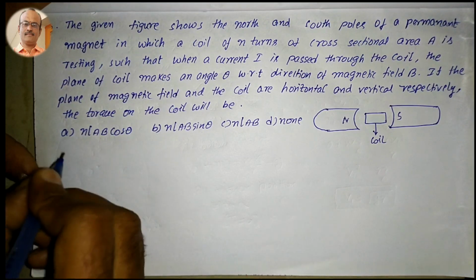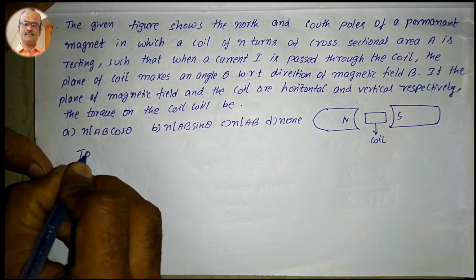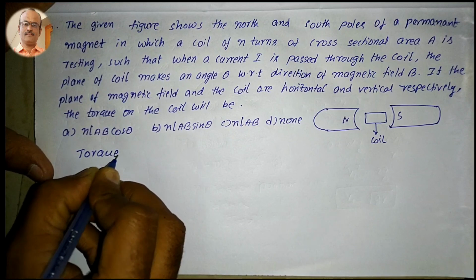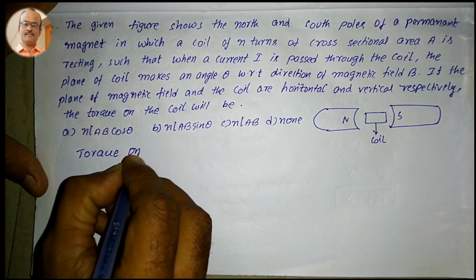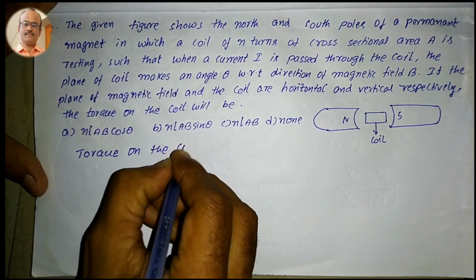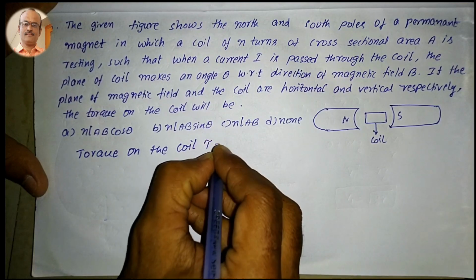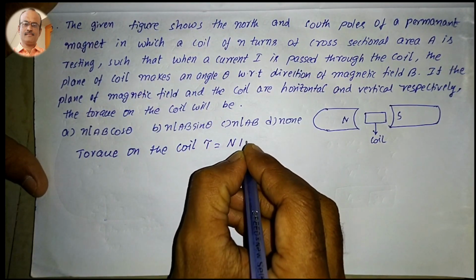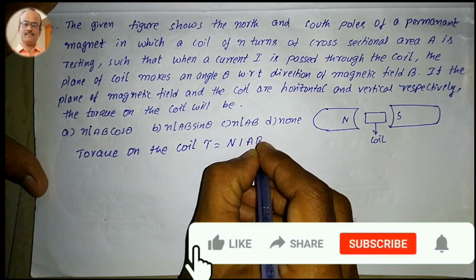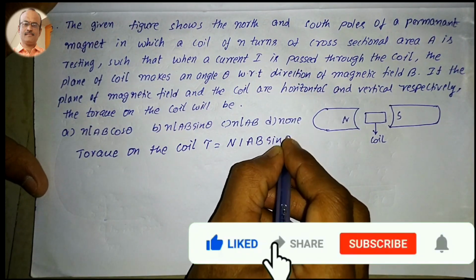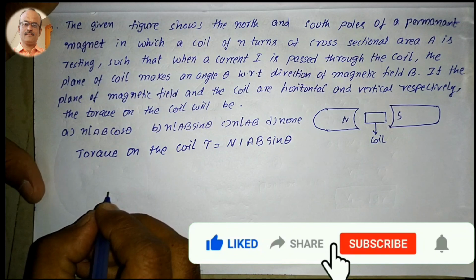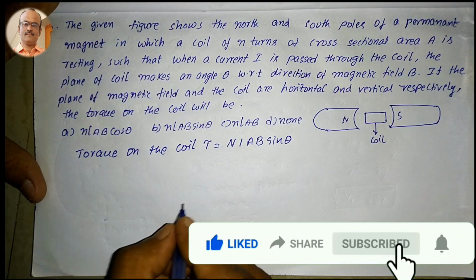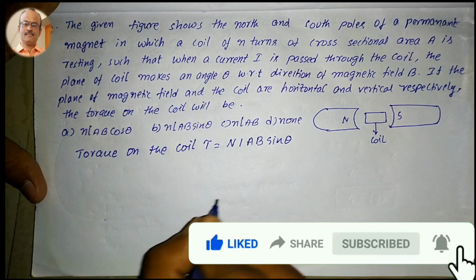So here, first of all, we know the formula for torque on the coil: tau is equal to number of turns, current, area, magnetic field and sine theta. But here one thing to remember, the plane of the coil is perpendicular to the magnetic field.